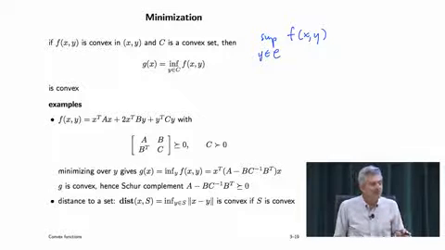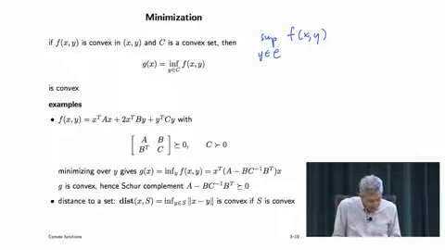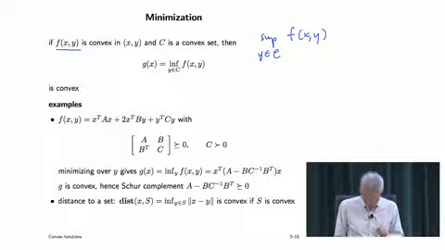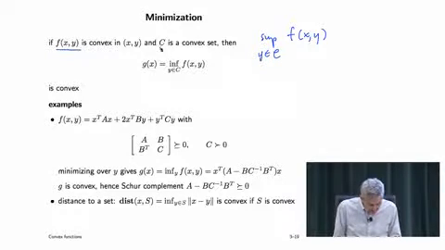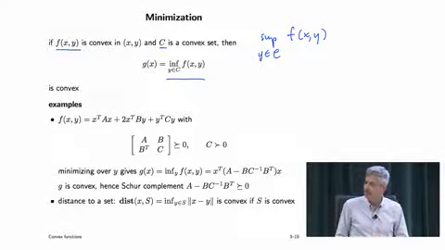What's interesting is the infimum, the minimum of a convex function, sometimes yields a convex function, but it's in very specific cases, and the conditions are stronger. If you have a function that has to be jointly convex in x and y, so it's convex in both x and y, and you have a convex set, then the infimum, sometimes called the partial minimization of f, is convex.